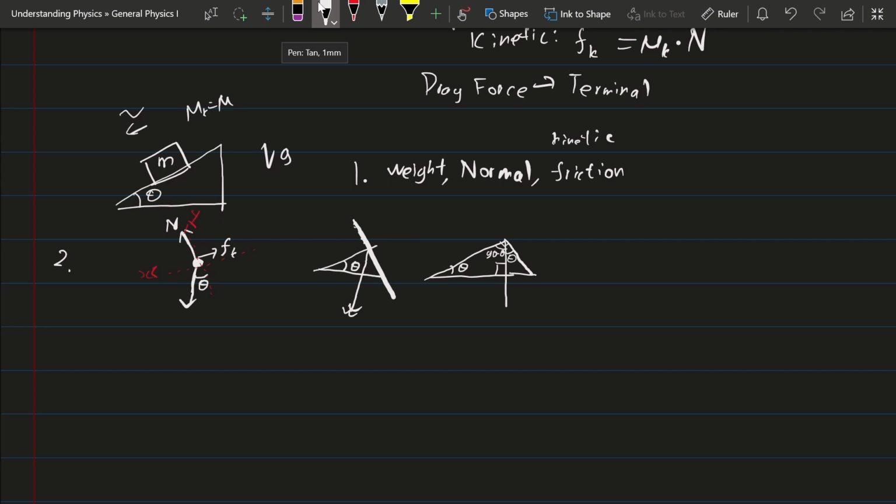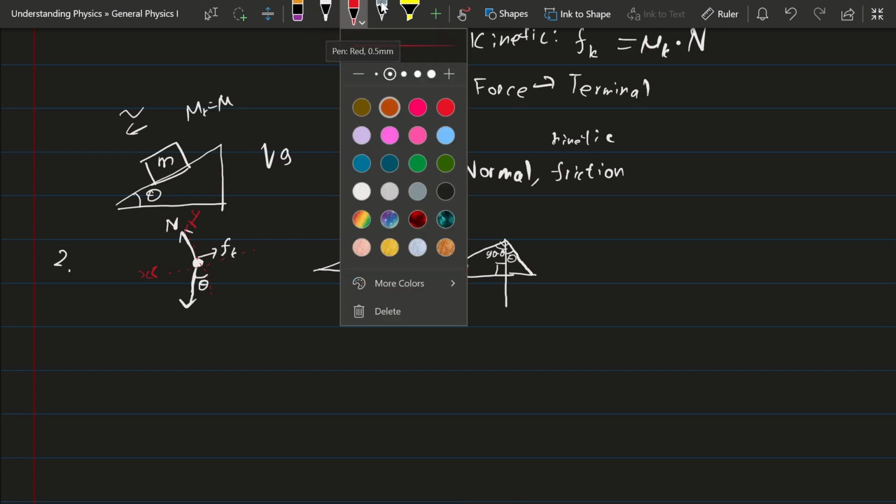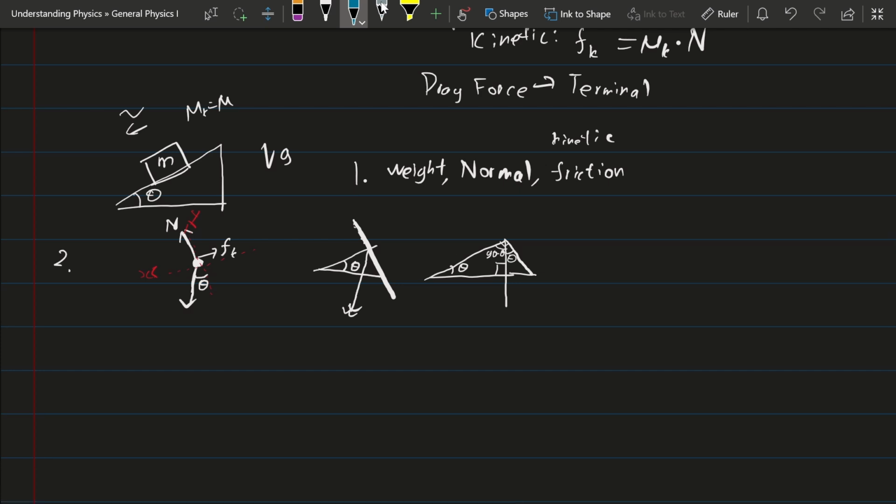After we have figured this out, we could write this vector into its components, which I will draw in blue. There will be a vector in this direction and a vector going in this direction.